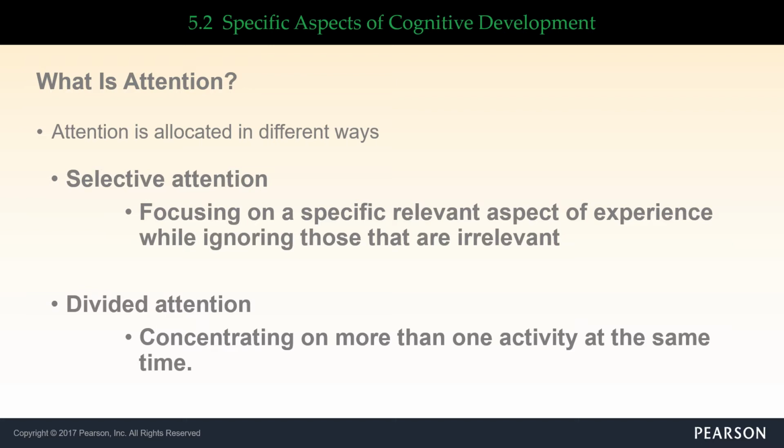Divided attention is concentrating on more than one activity at the same time. So with divided attention, if you're manipulating an object, but then you're also paying attention to sounds like music, that would be divided attention.